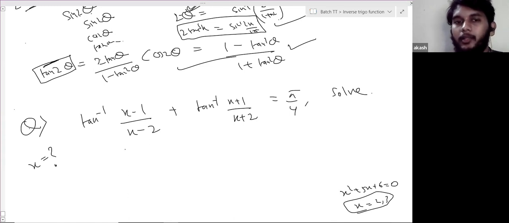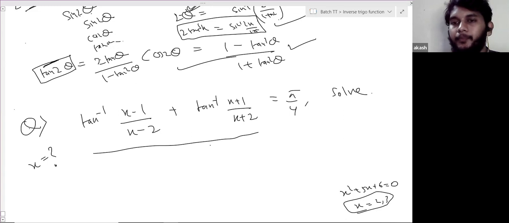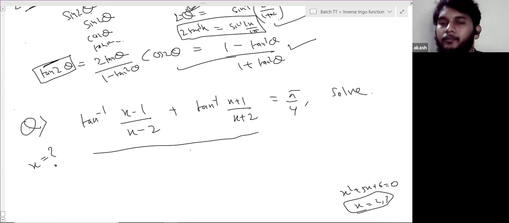So what to do? What formula we can apply here? What formula comes to mind? Aman, Kinza, what is the formula here we can apply?